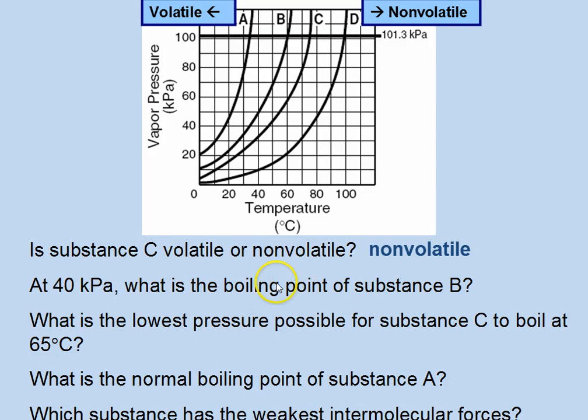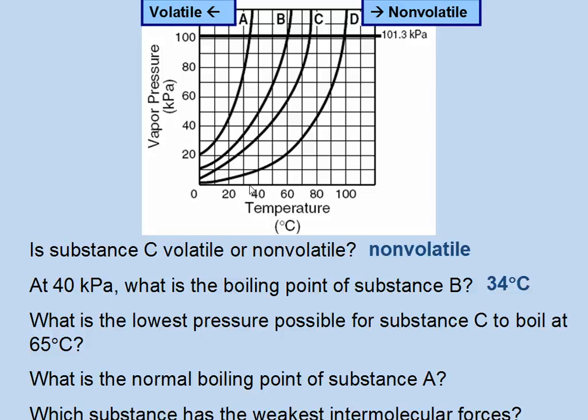If I ask you to find the boiling point of substance B at 40 kPa, we would want to find where that curve intersects at 40 kPa for substance B, and then we would want to extend that line down to our x-axis to determine that temperature. We may not all exactly agree on the temperature, but I would say this one's probably pretty close to 34 degrees Celsius.